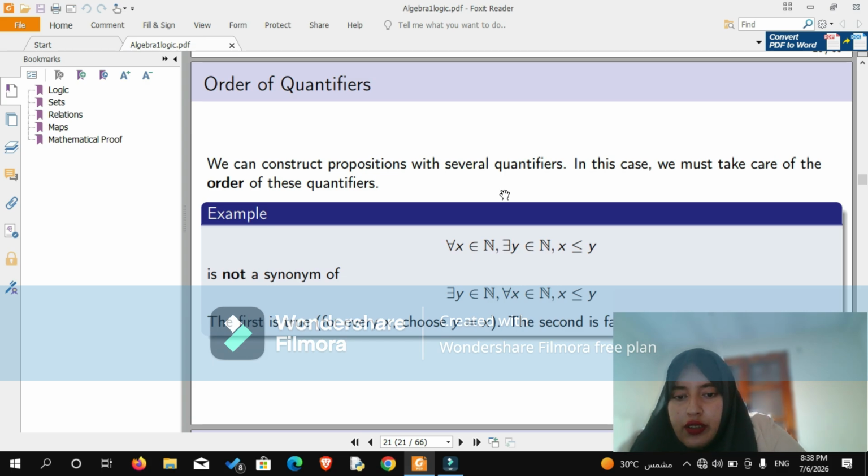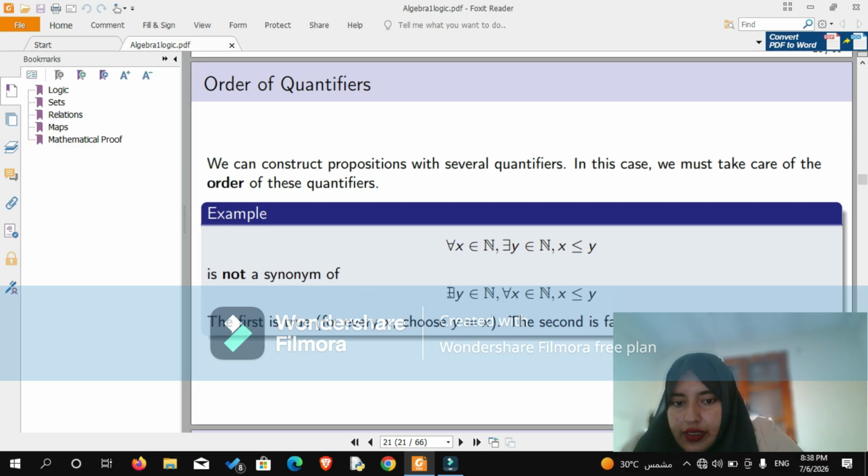An important note: we cannot switch the order of the quantifiers 'there exists' and 'for all', because they don't have the same meaning. For all x in the natural numbers, there exists a y in the natural numbers such that x is less than y.